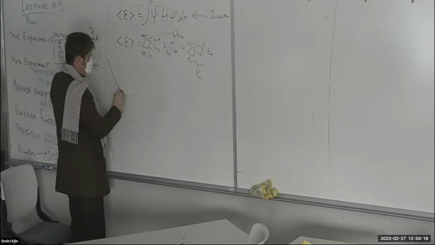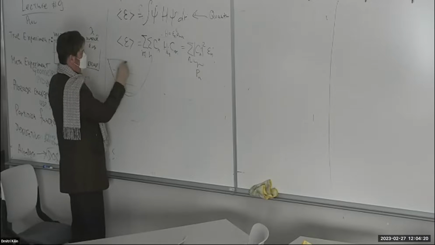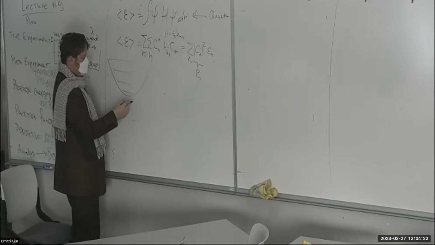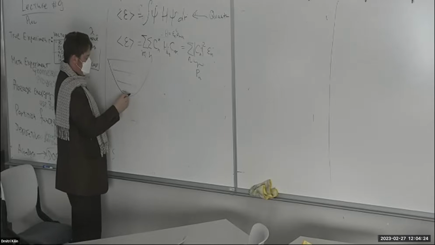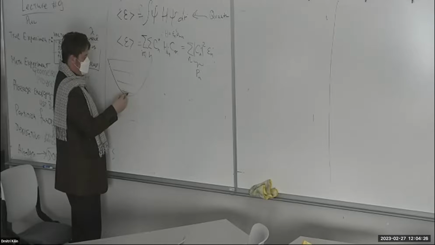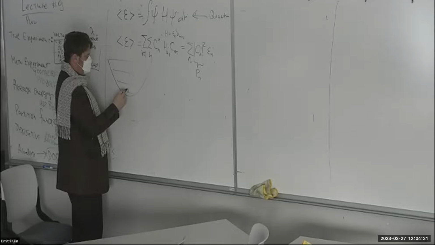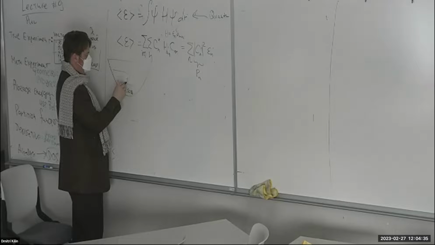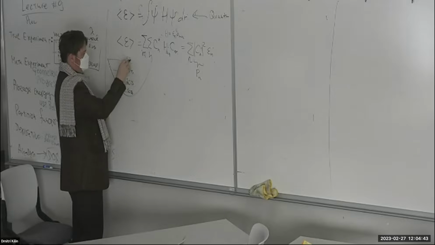So if you have a harmonic oscillator, we may have a superposition of so many percent, like 50% in the ground state, 30% in the first, like 10 in the next, 5 in the next, right?